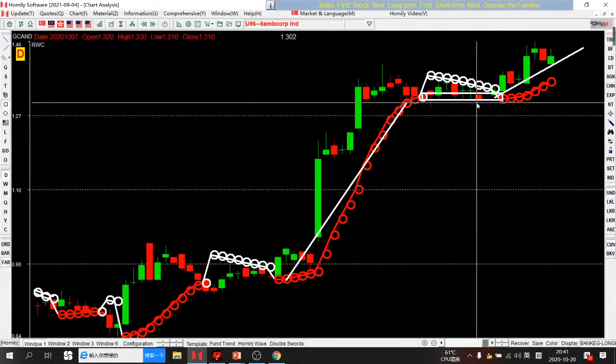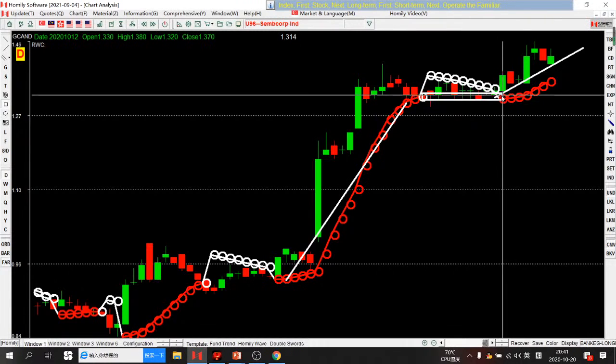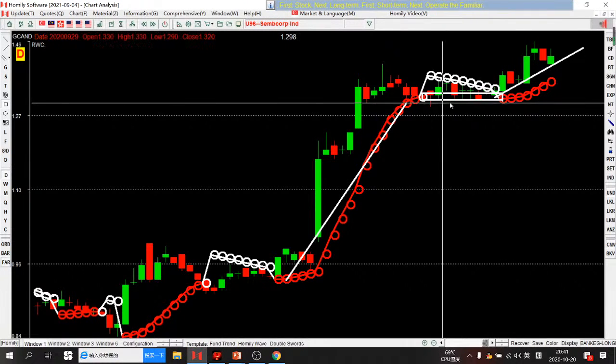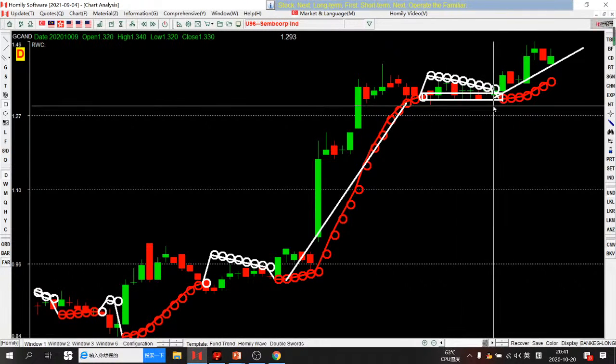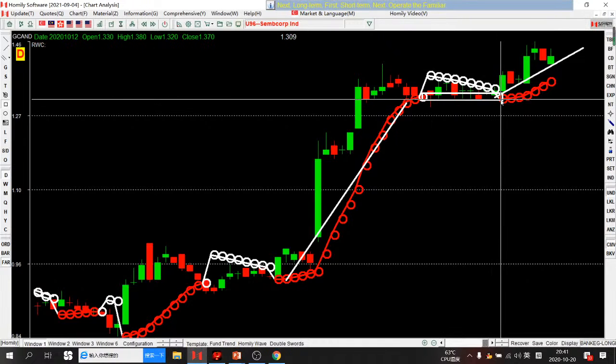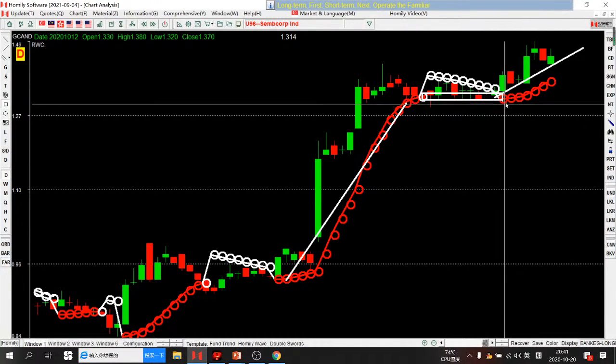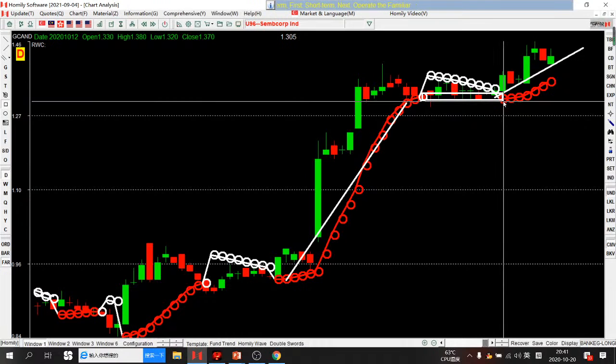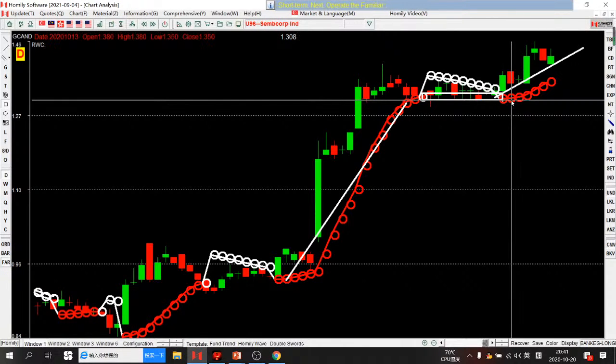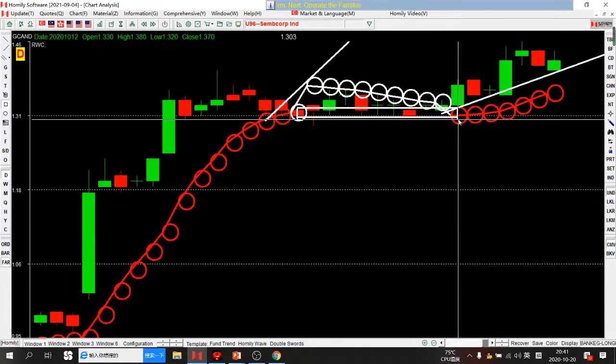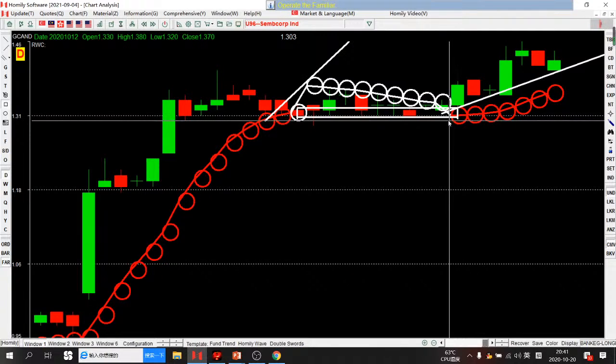If it doesn't, then you can still hold. All right. So when you hold here, it didn't move lower. So you didn't sell, and then when the first red circle appears, you add more position. All right. So you always become a share winner with the red and white circle.